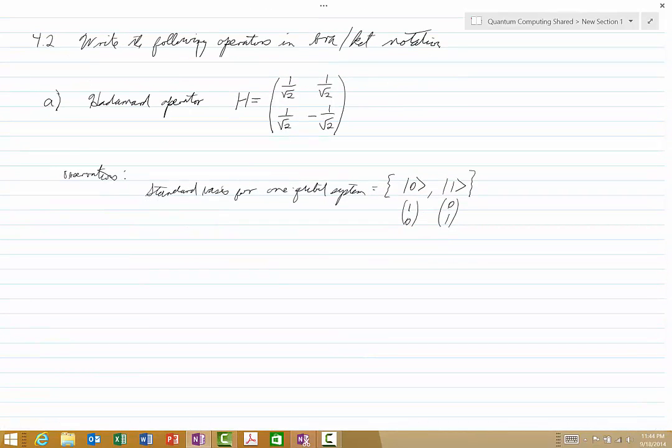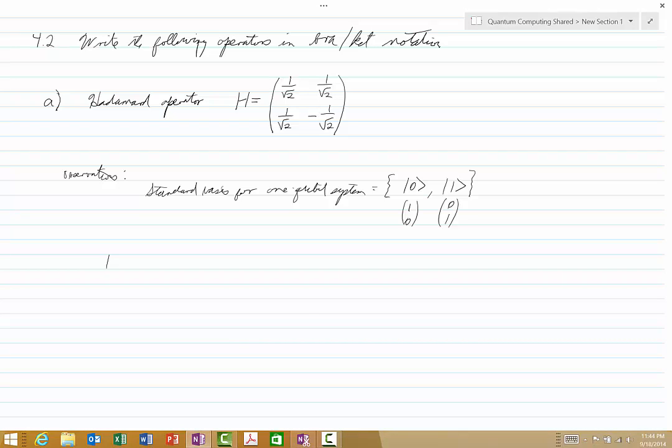Now, if we think about this for a moment, the operators that are possible in this case, you might think of it as having a basis for the operators, and that basis will contain 4 basic operators, and any operator can be written as a linear superposition or linear combination of those 4 operators.